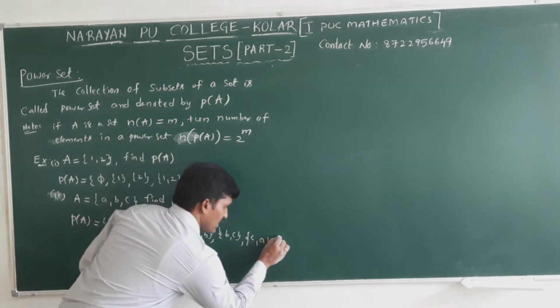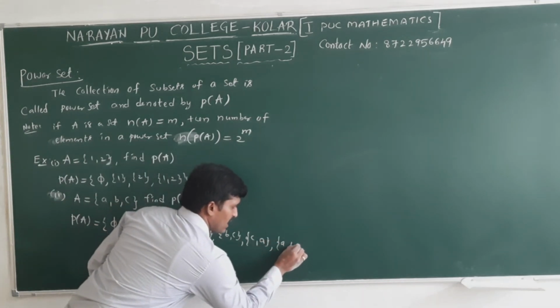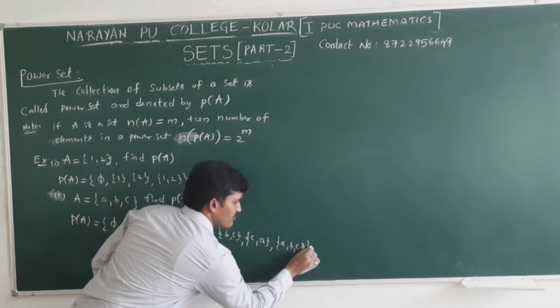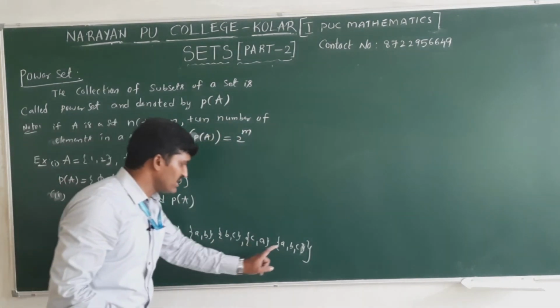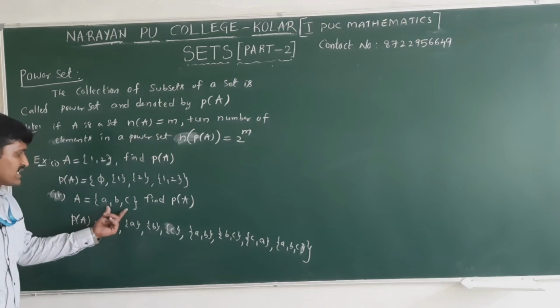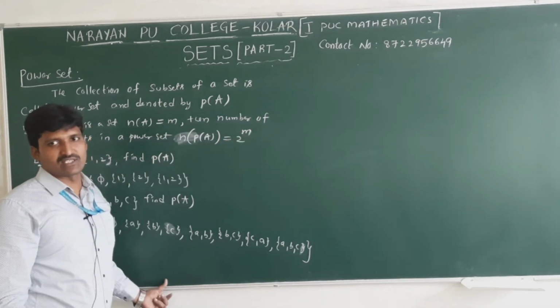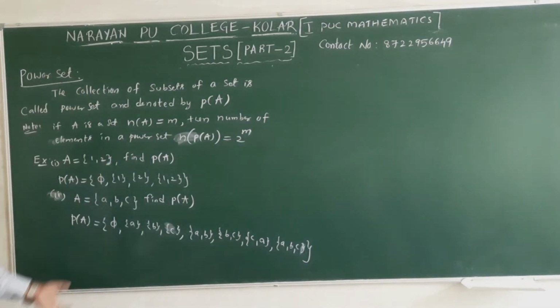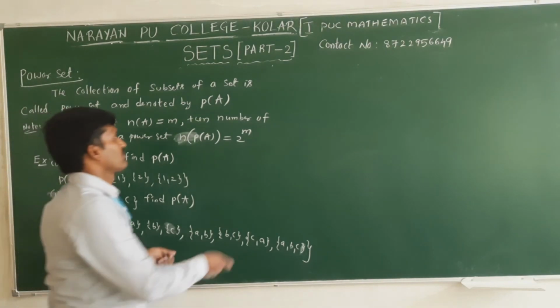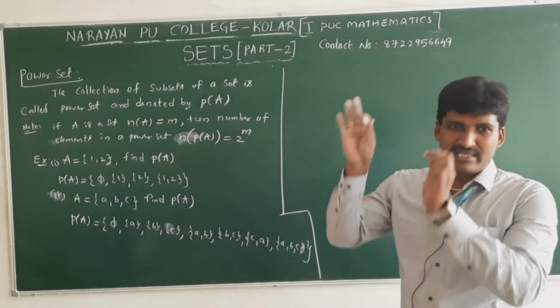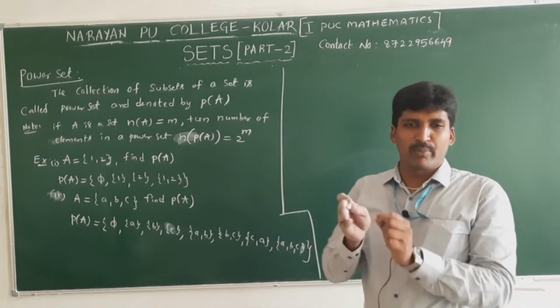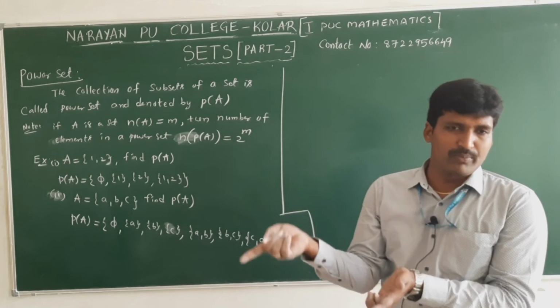Finally, we can take {a, b, c}. How many? 1, 2, 3, 4, 5, 6, 7, 8. The number of elements in the set is what? 3. 2 cubed is 8. Understood? This is important for 1 mark from this concept. How to find the power set value: n of A means no need to think again. The number of elements in a set is called n of A. The number of elements in B you can take with the symbol n of B. Okay?